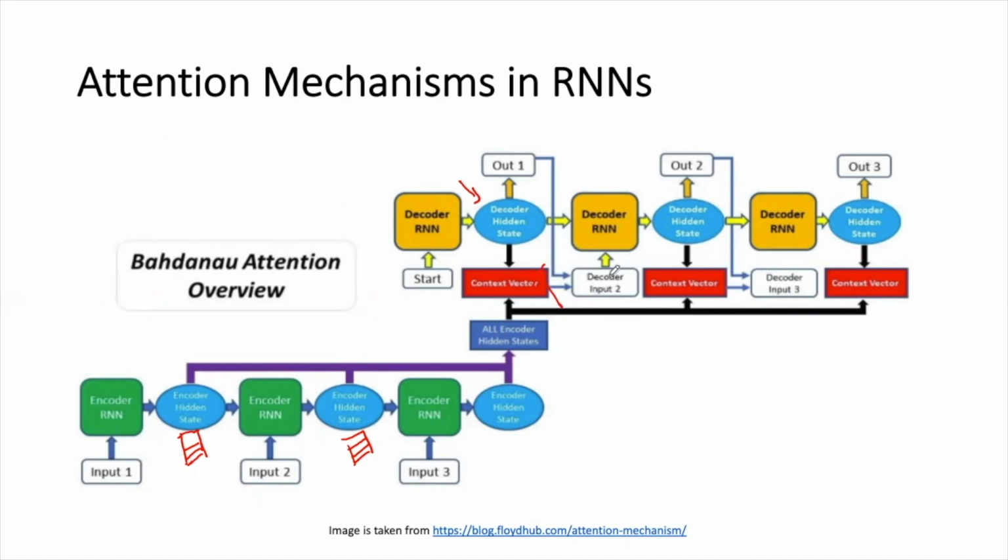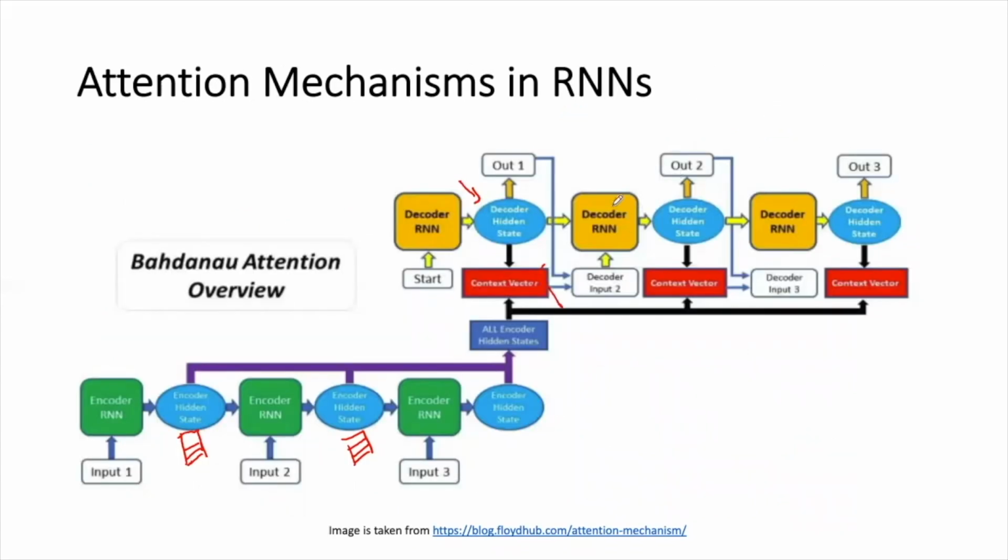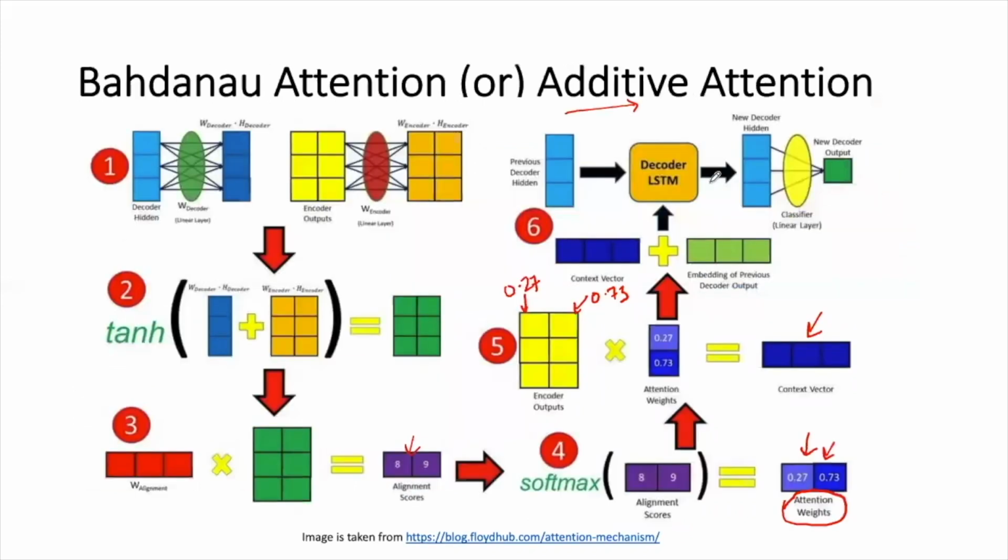Instead of just passing it as it is, here we add the context vector to the vector that was generated earlier, and then pass that on to the decoder RNN. That's the small change that we make. Once we do that, a new decoder hidden state is generated, and from that decoder hidden state, we generate the second output word. And this goes on. So this is one attention mechanism.